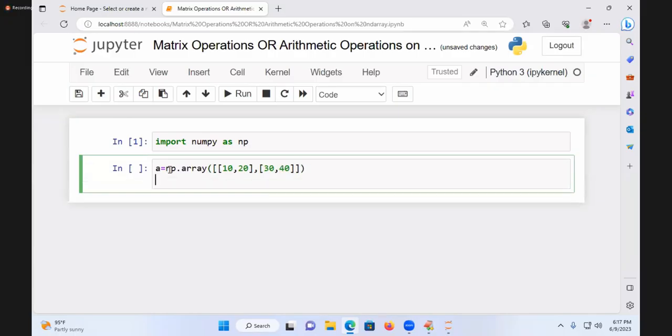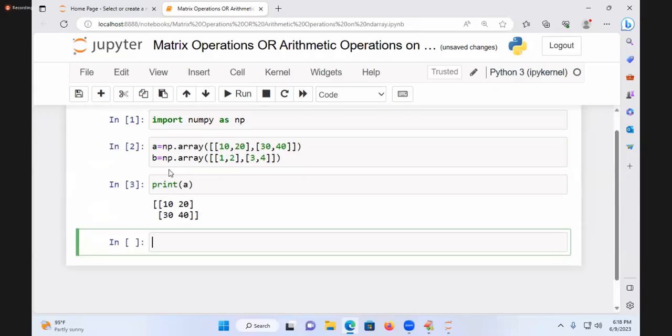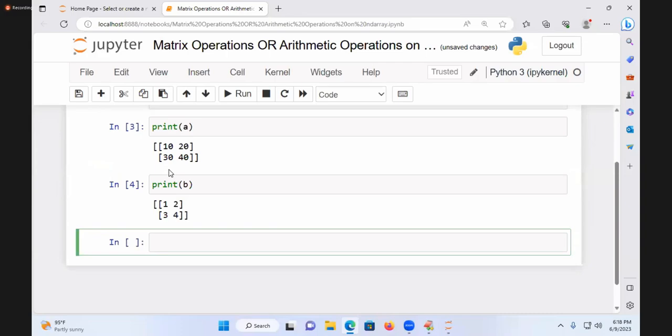It is one matrix. B is equal to, say here, 1, 2 and 3, 4. These are the two matrices. Now I'm going to say print A, and next print B. And this is the answer.